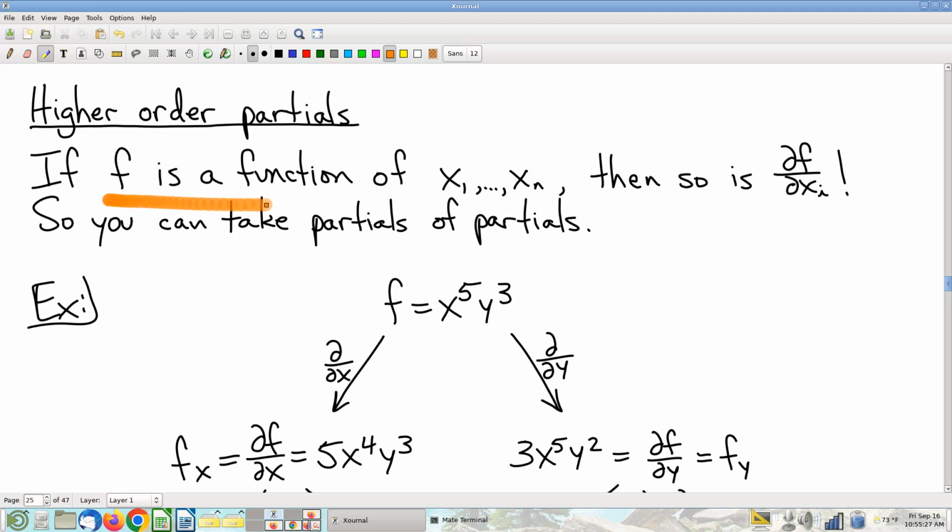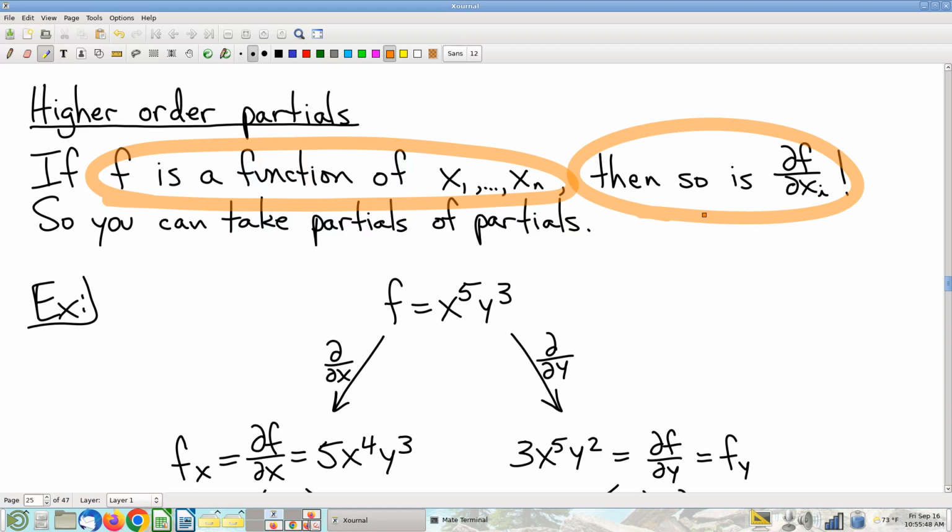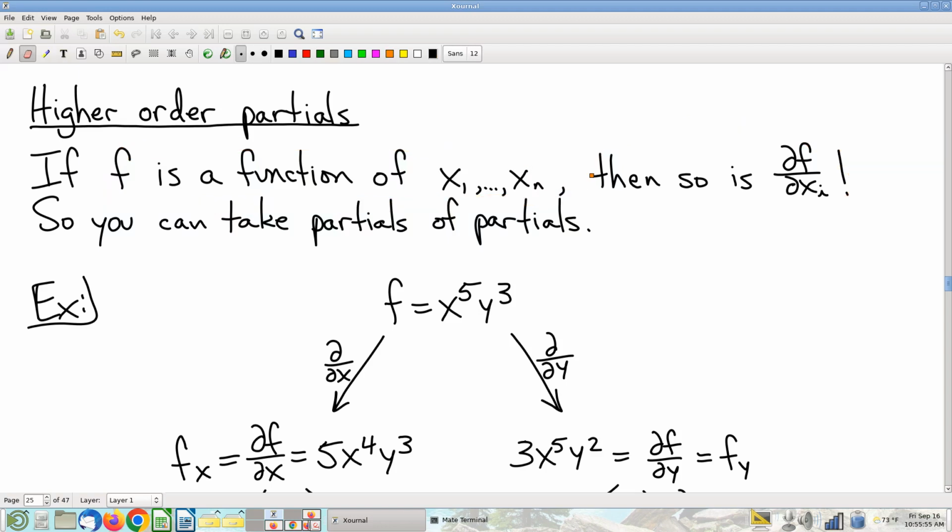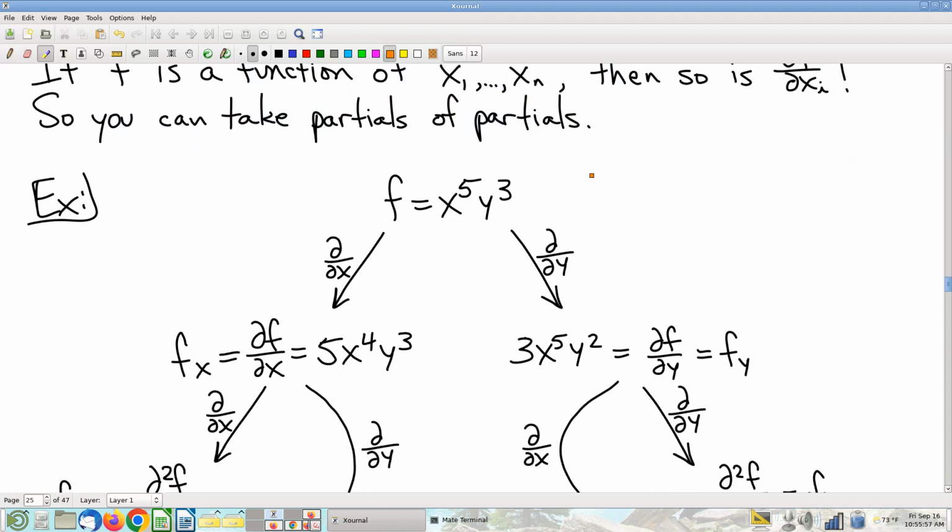If you have a multivariable function, by the way, we're going to momentarily consider real valued only, some expression involving various input variables, if you take a partial derivative, the result is still an expression written in terms of those same input variables. So if you can take a partial of f, then you can take a partial of a partial of f. These are called higher order partials: second partials, third partials, etc.